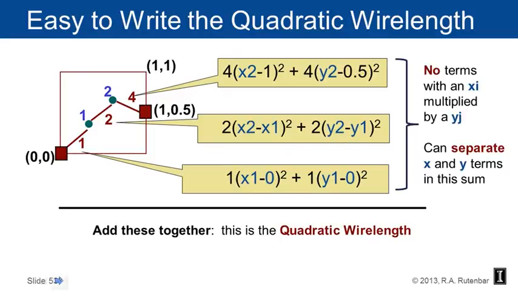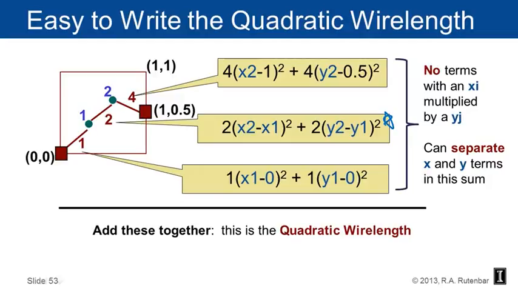Now there's one other thing I'll have you notice, and this turns out to be very important. If you look at these terms, there are no terms where an x variable is multiplied by a y variable. In each one of these cases, we get terms that look like xi squared and xi times xj, or yi squared and yi times yj. If you look at the middle equation, you're going to get an x2 squared, an x2 x1, and an x1 squared.